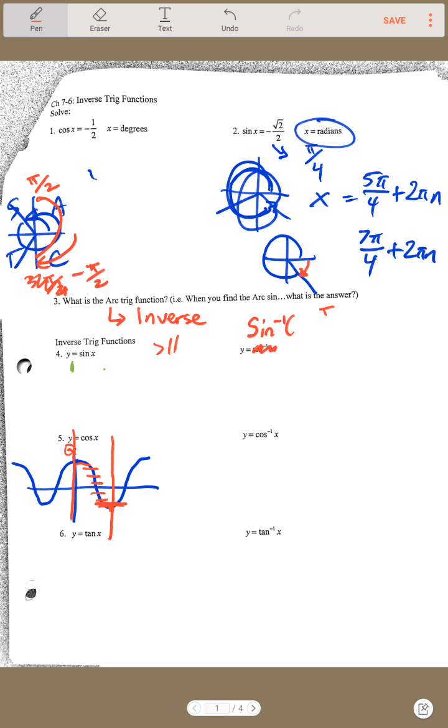We'll start at the 0 degree measure, and we'll stop right there, which, as it turns out, is the pi value. That's going to be at pi radians. So what we're seeing is that y equals cosine x has to be restricted to a domain from 0 to pi, and the range value is still the same thing. It's restricted from negative 1 to 1.